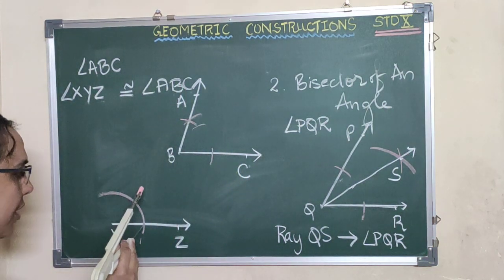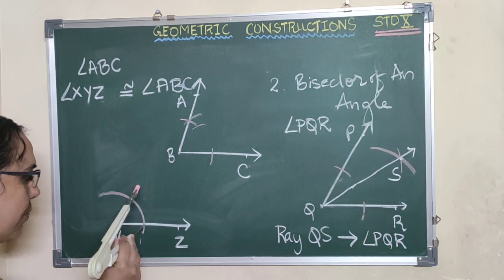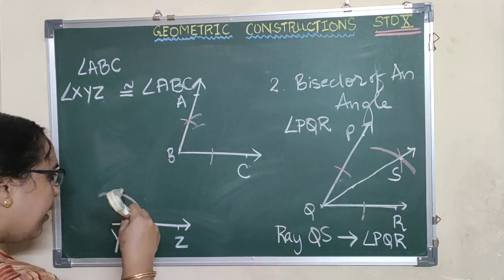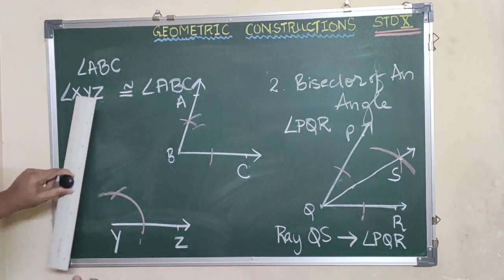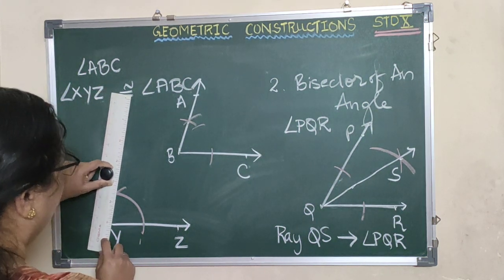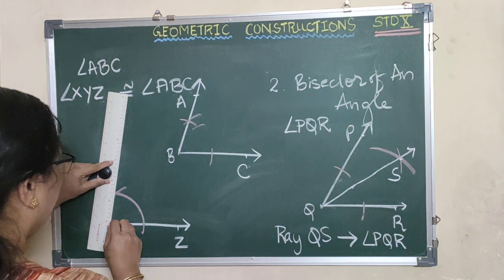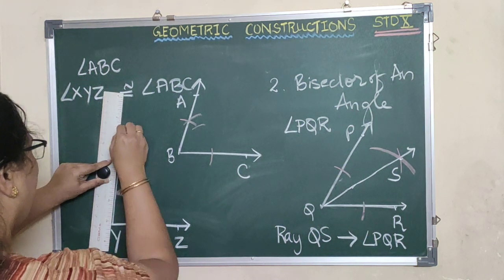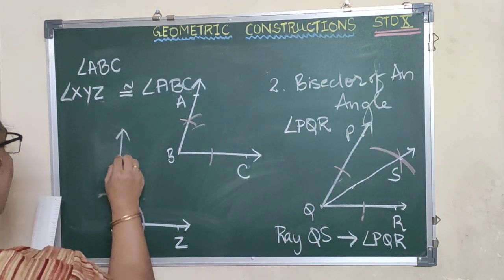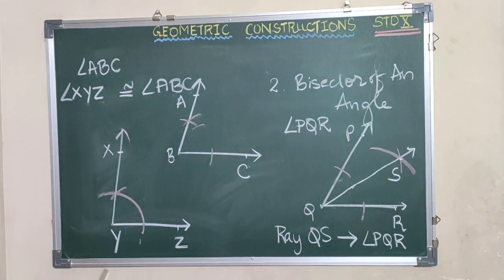Same distance I keep it here, keep at this point and cut this arc. Can you see the common point? Yes. Now through that common point you will draw your second arm of the angle. So mark the common point and draw the ray. So this is your angle XYZ.